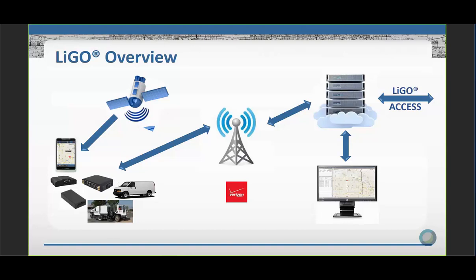Then we have a secure VPN connection to our server where the data gets transmitted to the cloud, where you then access it either through your desktop or a mobile device. And with our LEGO access, we can send data over to your business systems such as ESRI, Lucidity, and other systems that you might have through that interface.